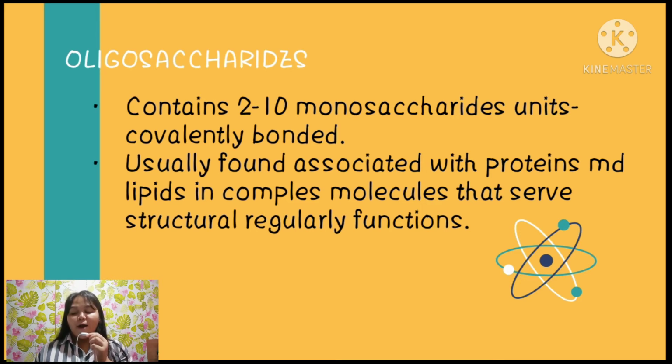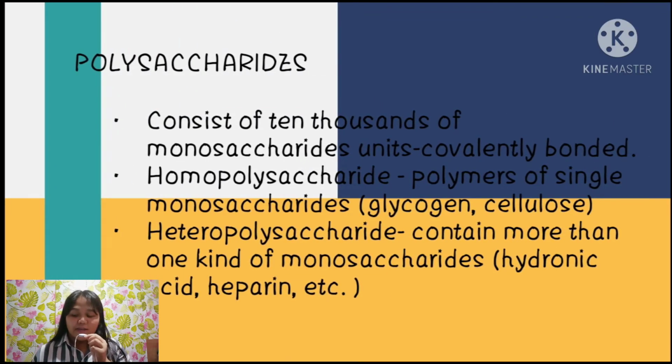Our fourth carbohydrate is known as polysaccharide. A polysaccharide consists of thousands of monosaccharide units that are also covalently bonded. There are two types of polysaccharide.